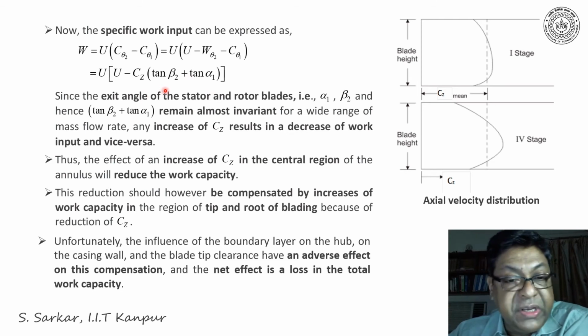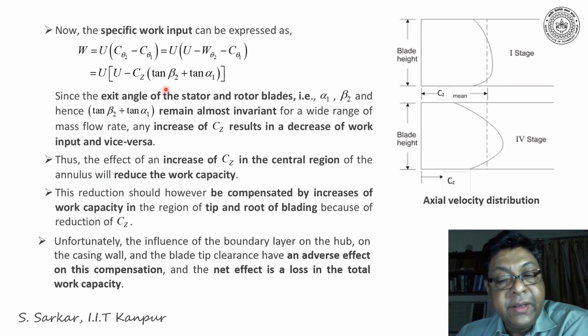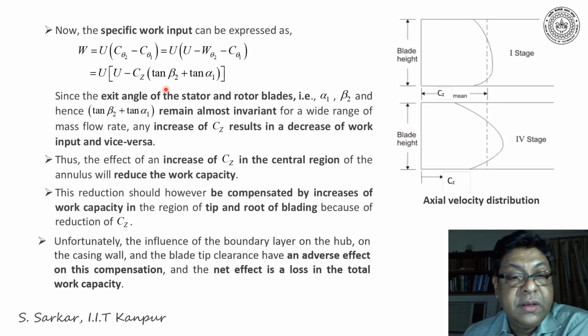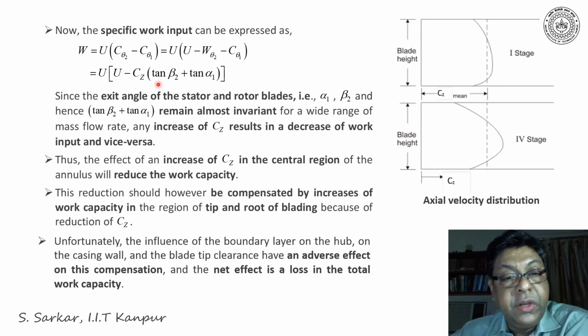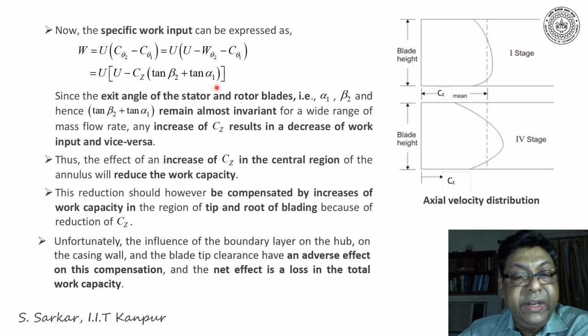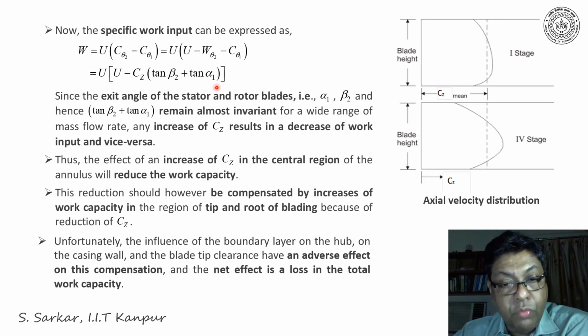I have also indicated that exit flow angle from a blade would remain almost constant, that is, the summation of tan β2 plus tan α1 remains invariant for a wide range of flow.